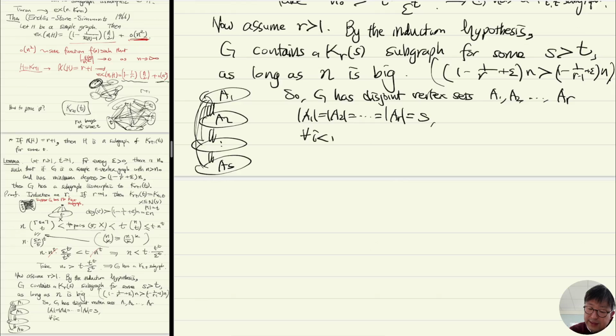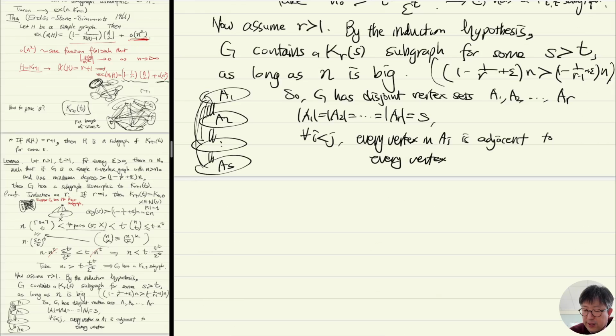For all i less than j, every vertex in Ai is adjacent to every vertex in Aj. Right, so this is precisely what we mean by having K_{R,S}. So the size of each is S.